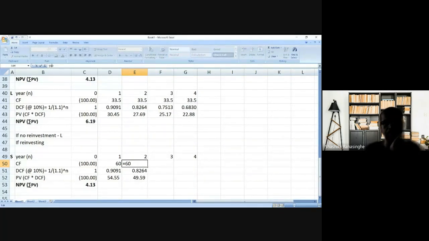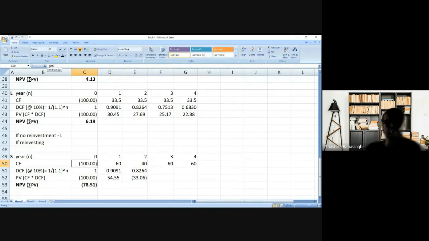So your investment, the capital, is 100. First year you get 60, second year you get 60. This is how your new cash flows will look, because in the original S project you invest 100, first year you get 60, second year you get 60. But in the second year, out of the 60 that you get, you reinvest a total of 100, so you are left with negative 40.